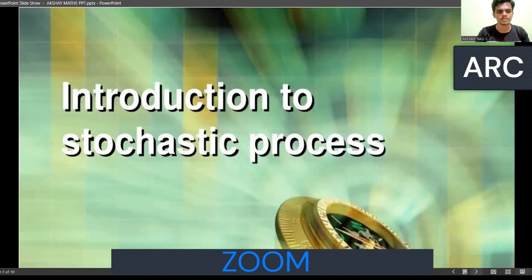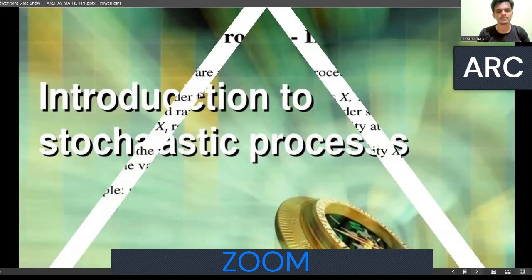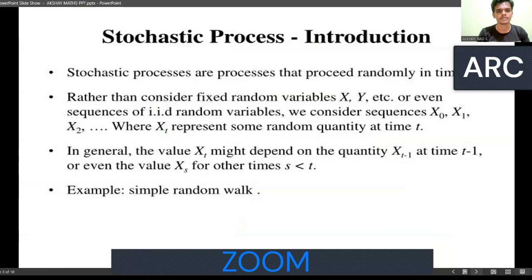So let's discuss the introduction to stochastic processes. Stochastic processes are processes that proceed randomly in time, rather than considering fixed random variables X and Y, or even a sequence of IID random variables. We consider a sequence X0, X1, X2, where Xt represents some random quantity at time t.